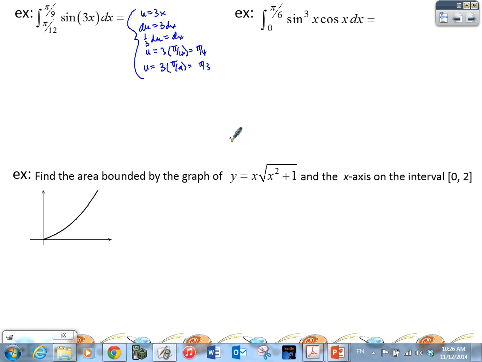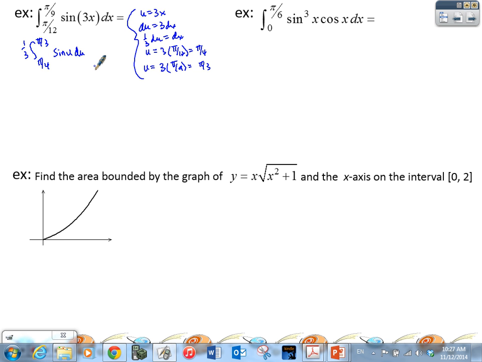Okay, so now let's transform our integral into all u's. I've got a 1/3 out here, and my bounds go from pi over 4 to pi over 3. If we had taken the derivative of something and gotten a positive sine, so this would be sine u du, what would we have taken the derivative of?